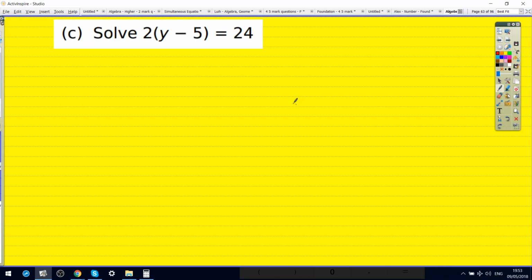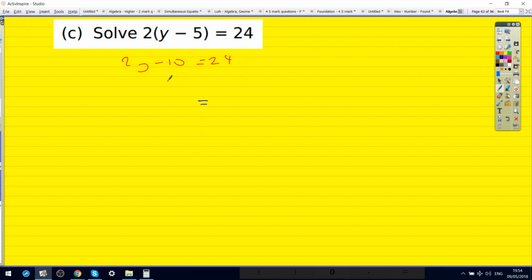2y 10. Get rid of 10 from both. That would equal 14 and 2y. So that would be if it was plus 10. This is minus 10.